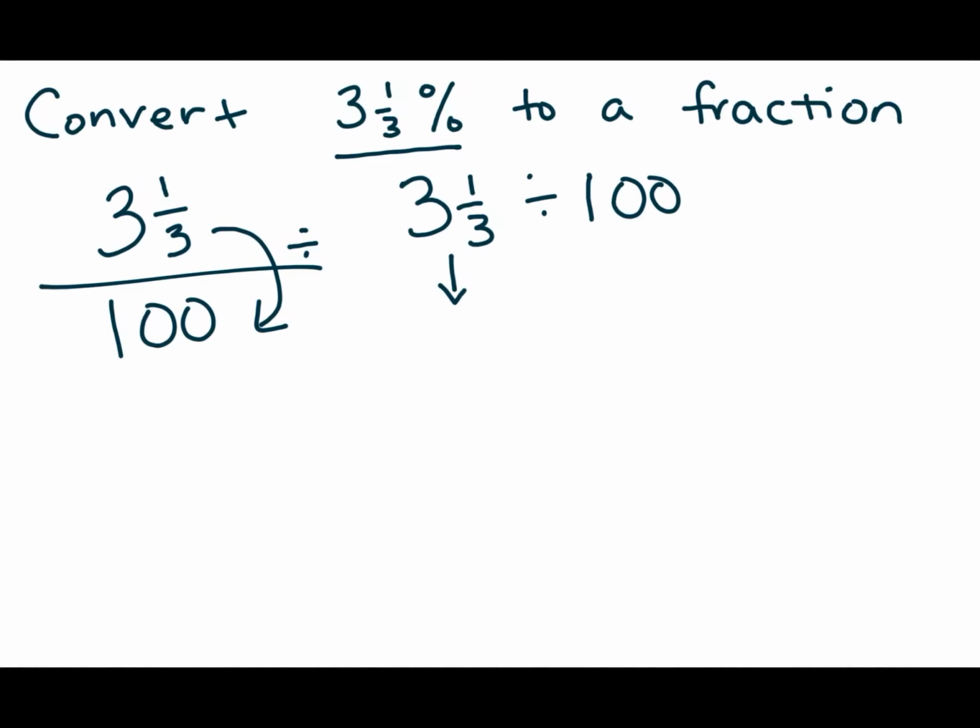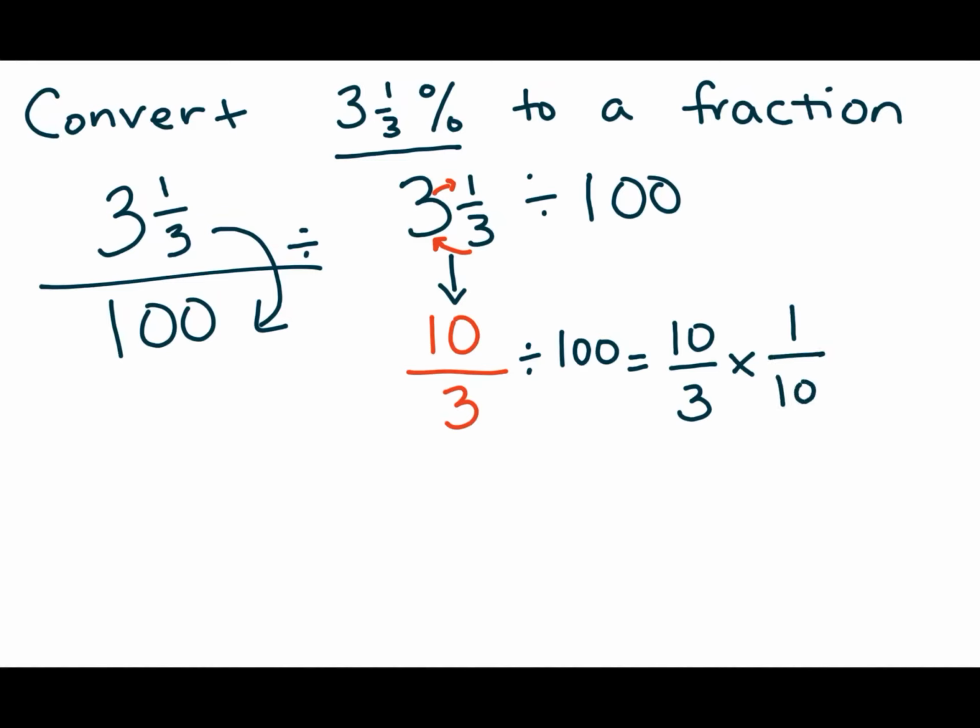All right, I'm going to convert this into an improper fraction. Remember, we go 3 times 3 is 9, plus 1 is 10. So I get 10 over 3 is my improper fraction, divided by 100, which is the same as 10 over 3 times 1 over 100.